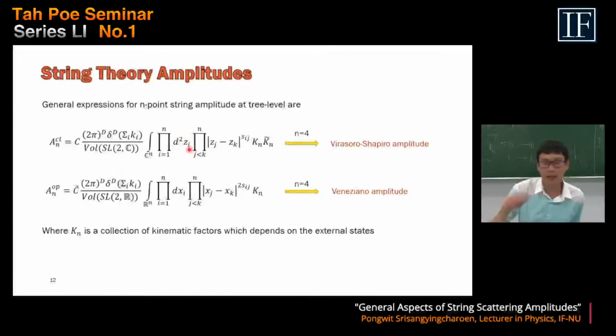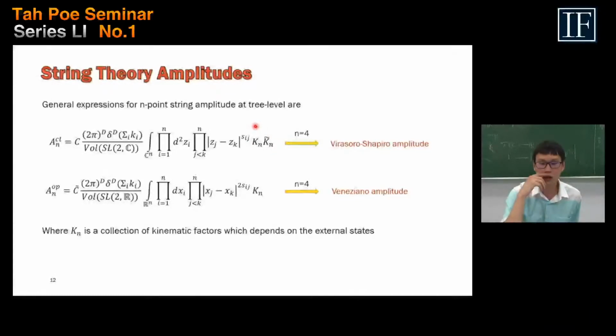The Zi, as I said earlier, is the coordinate of the inserted point, and this guy is the Koba-Nielsen factor, and the functions k and k tilde here are the kinematic factors, which depend on the external states.